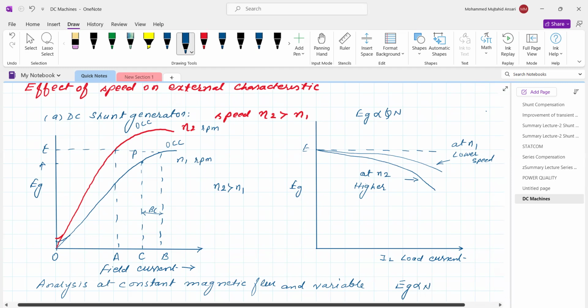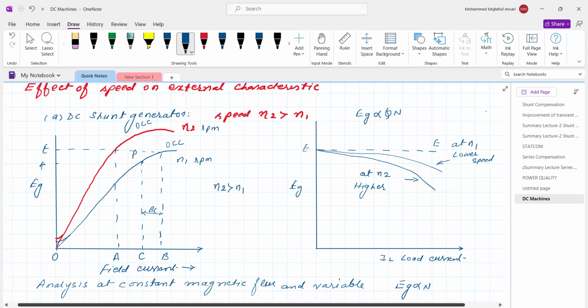Now this is the no load voltage E0. We have plotted the no load voltage E0. This is the line, E or E0 at no load condition. Now see, at no load condition and smaller speed, the magnetic core gets saturated. When the magnetic pole gets saturated, it means the flux is strong at lower speed.